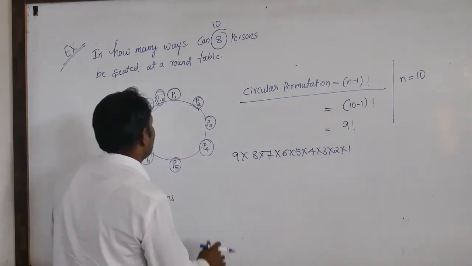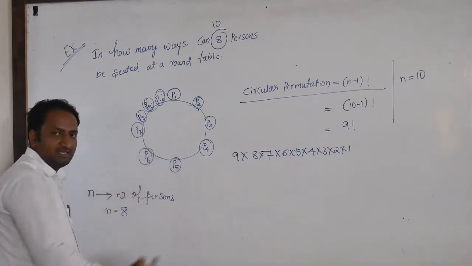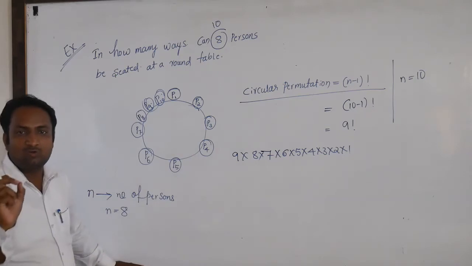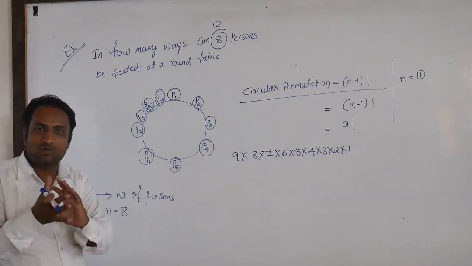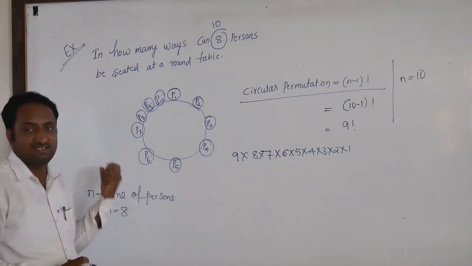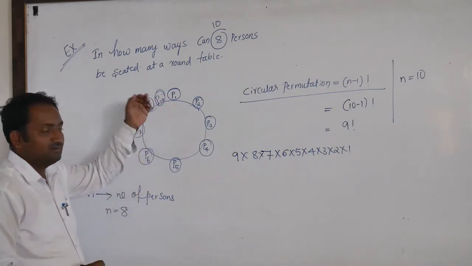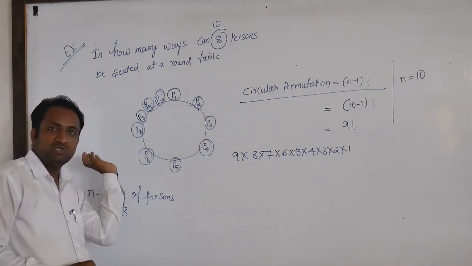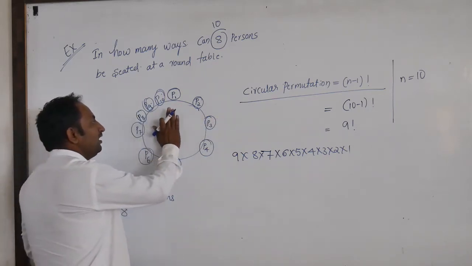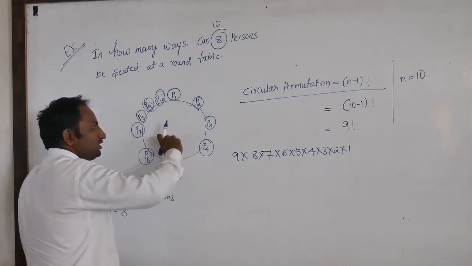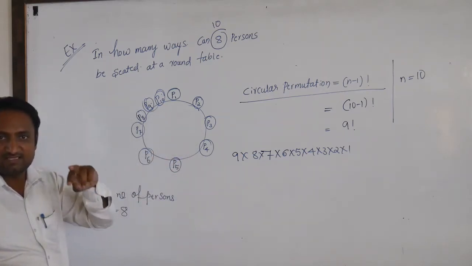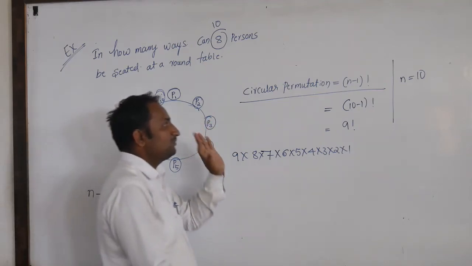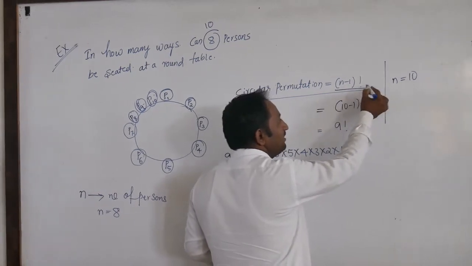The next concept is, suppose in circular permutations clockwise as well as anti-clockwise rotation is not recognized. In P1, P2, P3, if one side is noted, the other side is also noted. If clockwise as well as anti-clockwise measurement is recognized, then circular permutation is equal to n minus 1 factorial.